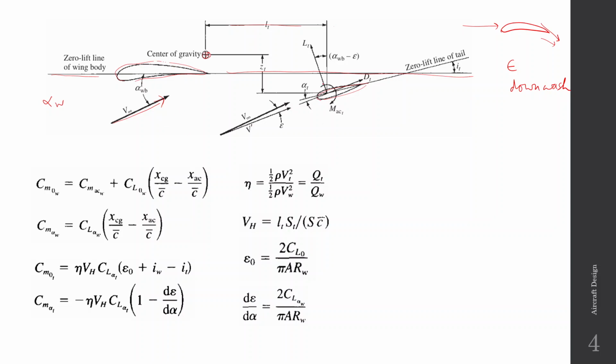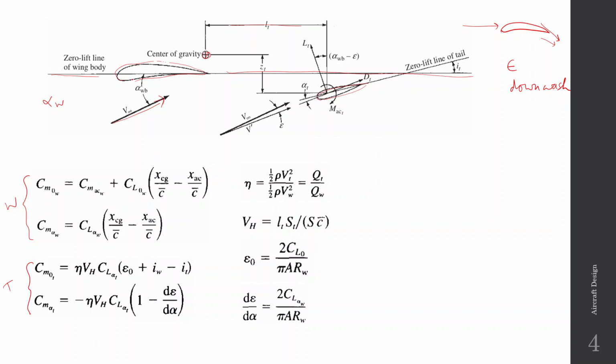So here you have the tail which is set at some setting angle, and you also have the velocity and the downwash and everything, angle of attack, everything. First we'll calculate the wing contribution. This is the wing contribution, and this is the tail contribution, and to find the total, we have to sum these two things. So first, let us see the wing contribution.